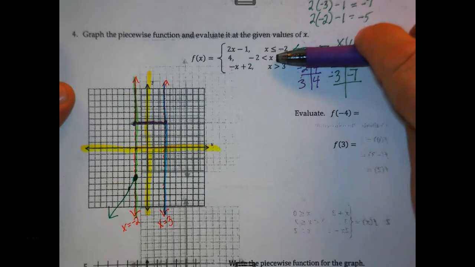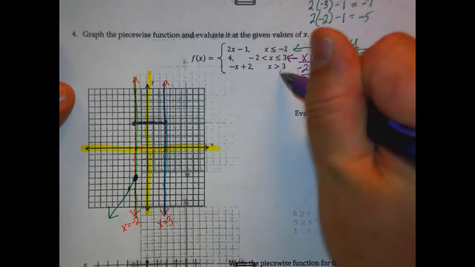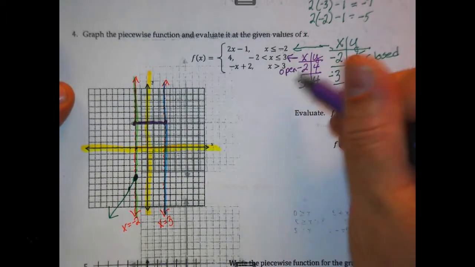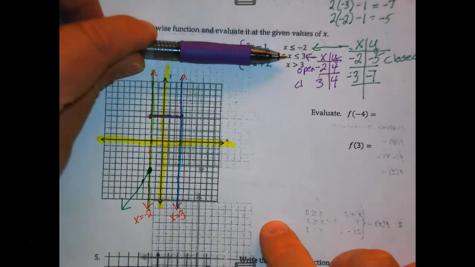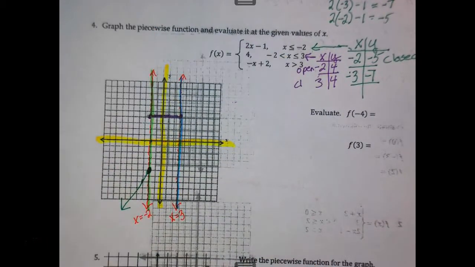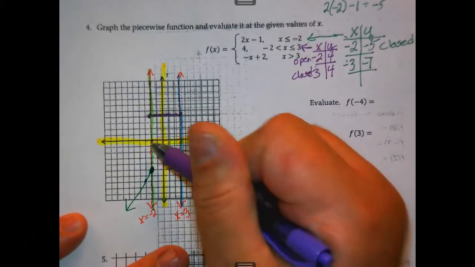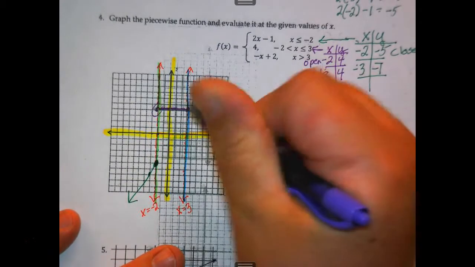Open or closed? Open. And the 3 is going to be closed because it has an equal sign. So open circle at -2, 4, and closed circle at 3, 4.